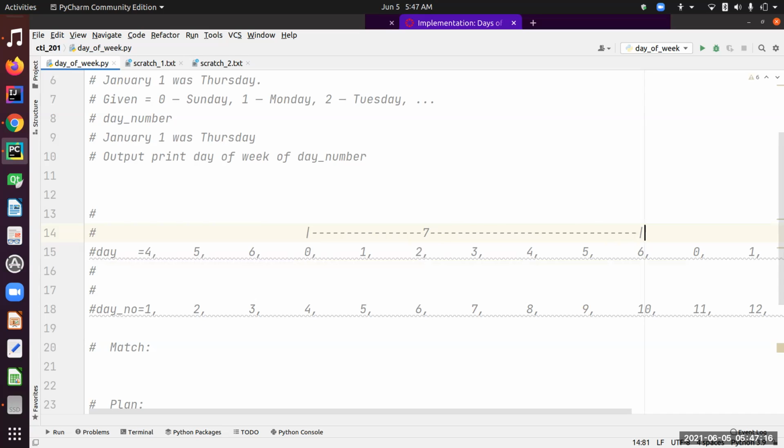Basically, week after week, the days repeat, right? So that's the idea. That is a clue that in this problem we're going to have to use the remainder of something divided by 7, basically the mod operation.